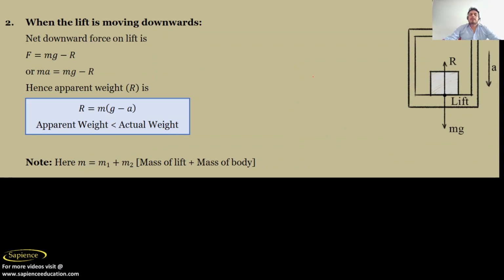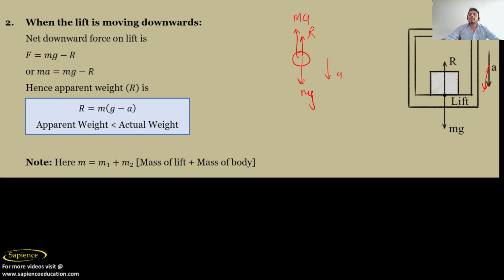Now in case of a lift moving downward, the acceleration is downward. If I draw a diagram, mg is acting in the downward direction and the reaction force in the upward direction. Since the acceleration is downward, the pseudo force, ma, will be in the upward direction.